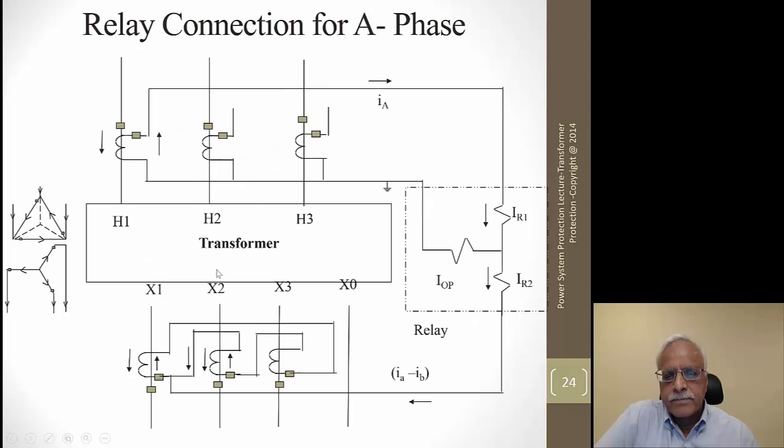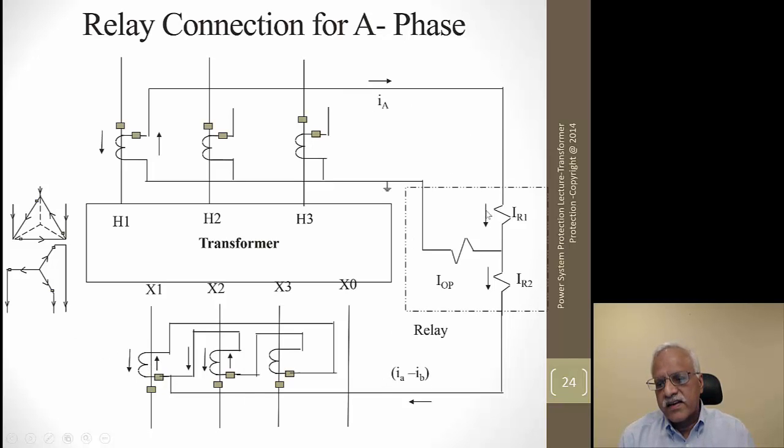Okay. Then your CT connections, if you look at it, we know the relationship between the high side A phase current and the low side A phase current. High side A phase current was IA minus IB divided by the turns ratio. So if they are like that, then they are in phase essentially. So if you look at it here, we connected the Y side, the delta side CT is in Y on the high side, and then the low side in delta.